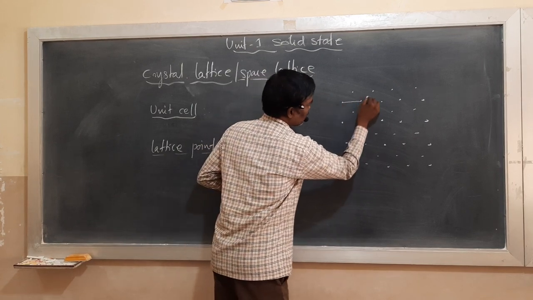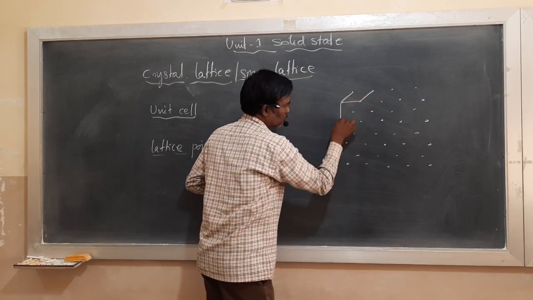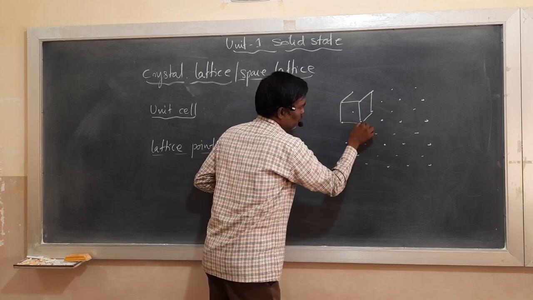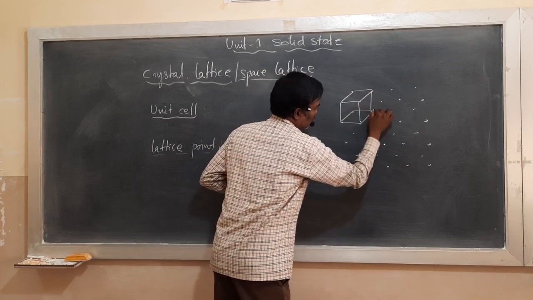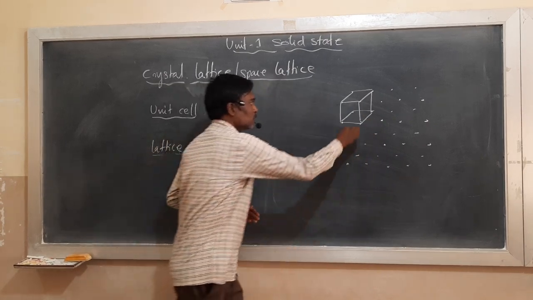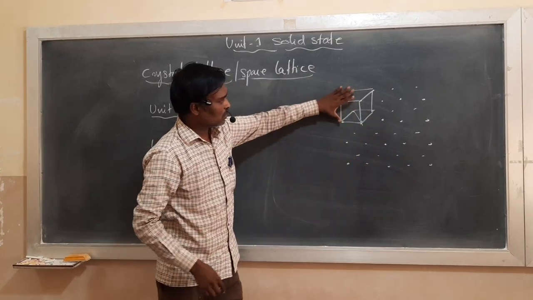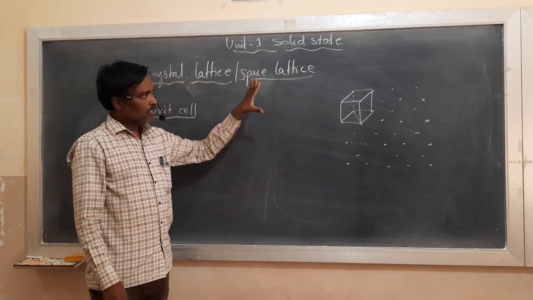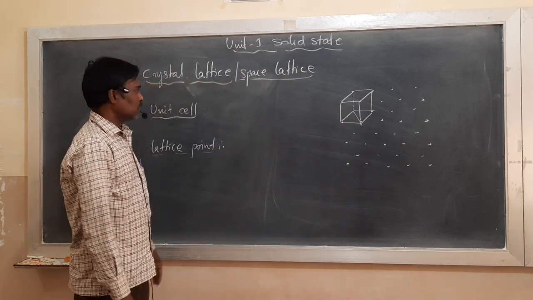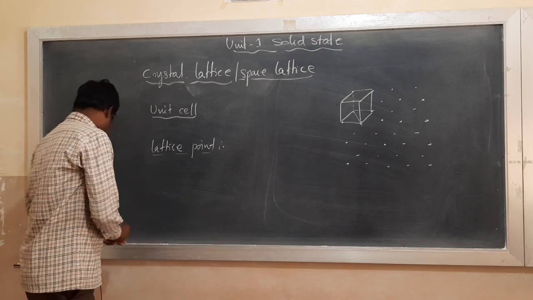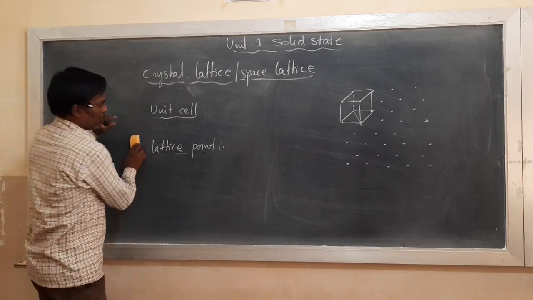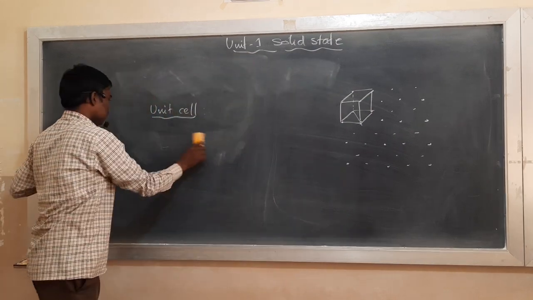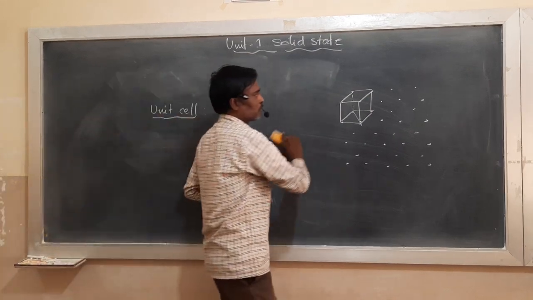Here, let me take this as the smallest portion of this crystal lattice which represents the complete crystal lattice. So that is called a unit cell. Okay. Next, let me go into detail about these different types of unit cells.